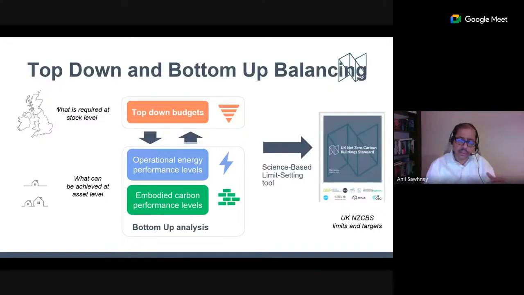Residential construction should not have the same higher limit as maybe an office building. So how do you come up with that? You basically have to do top-down and bottom-up analysis in order to reach the right science-based limit setting tool, which is what has been used to come up with this standard.